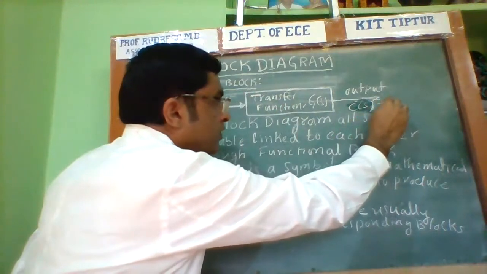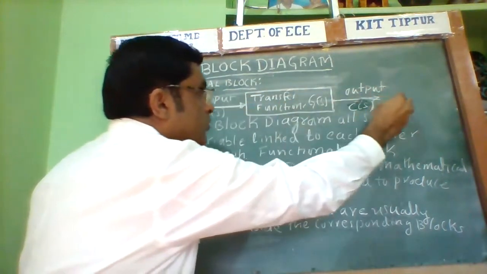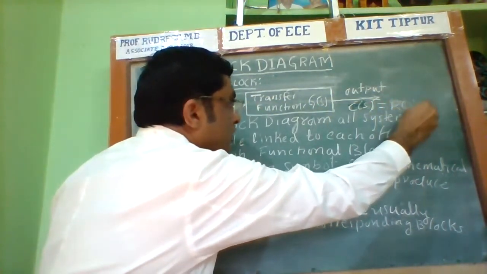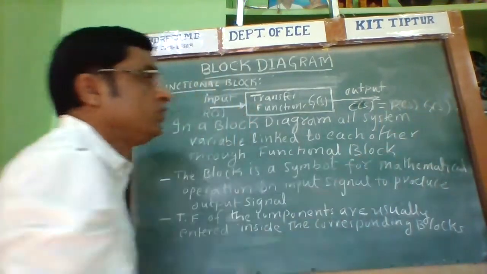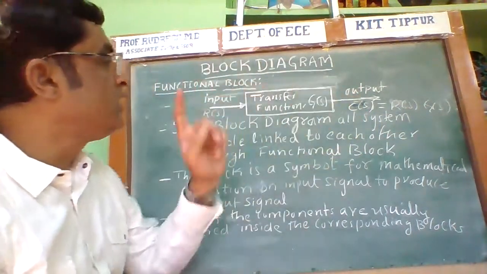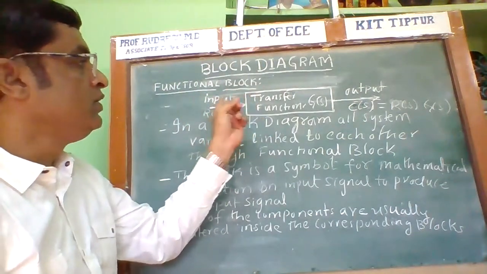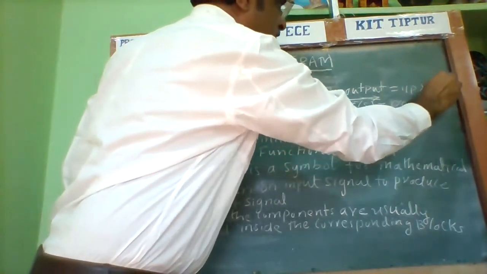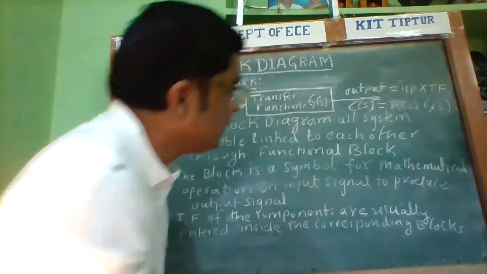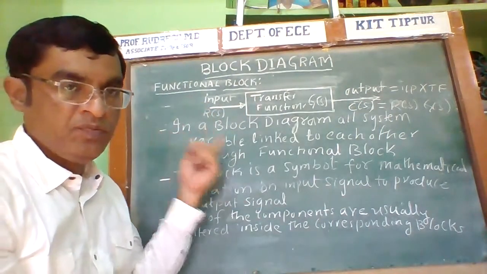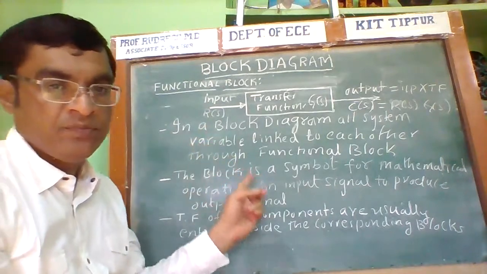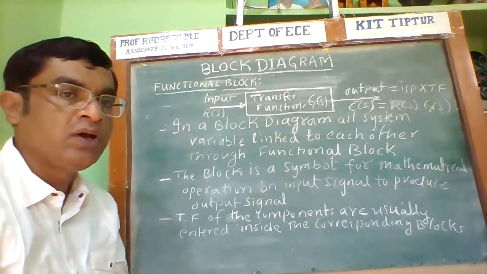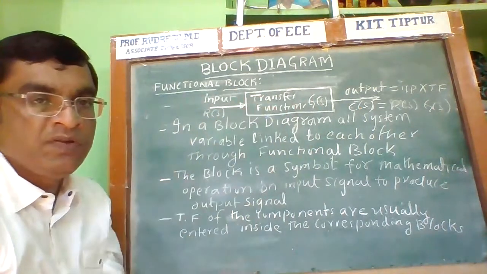That is, C(s) is equal to R(s) into G(s). So the output of the functional block is equal to the product of the input and the transfer function inside the block.